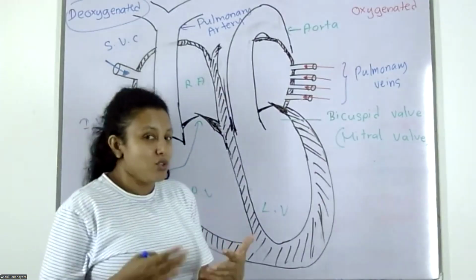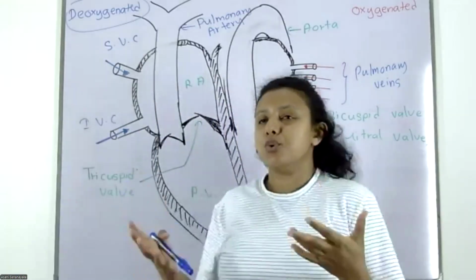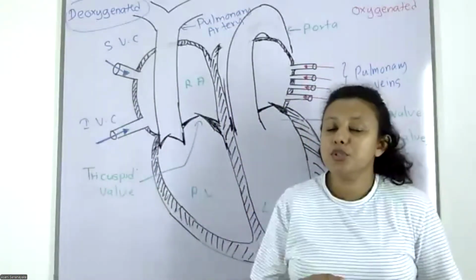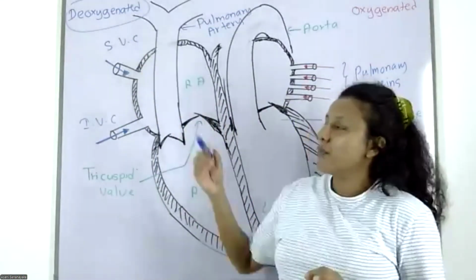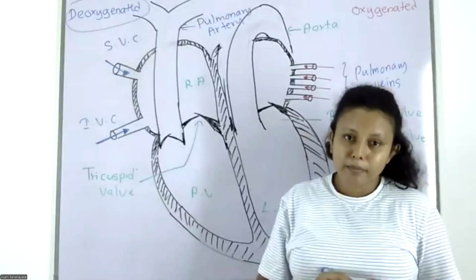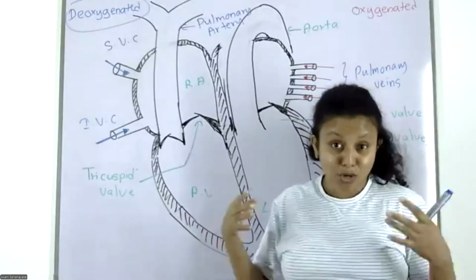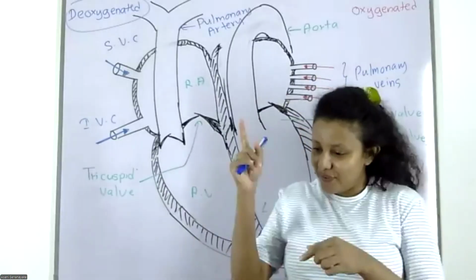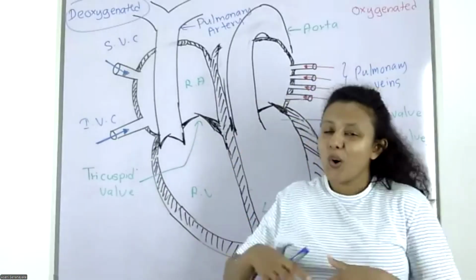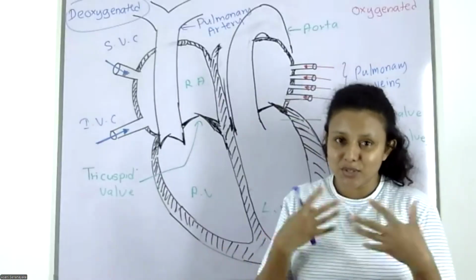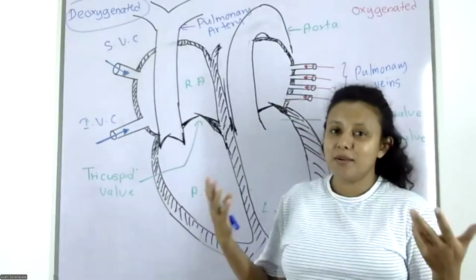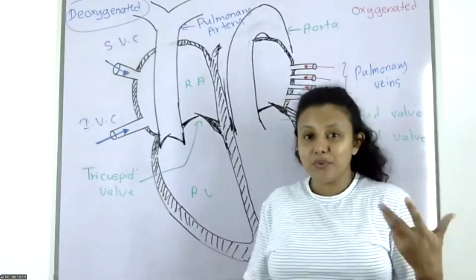Normally when we draw diagrams, we use blue color to denote the deoxygenated blood, because actually blood is not blue. When we cut our heart, we see that blood is red only; we can't see blue and red to differentiate.